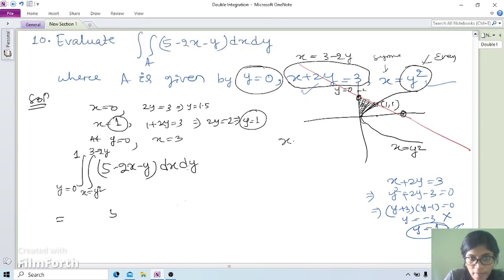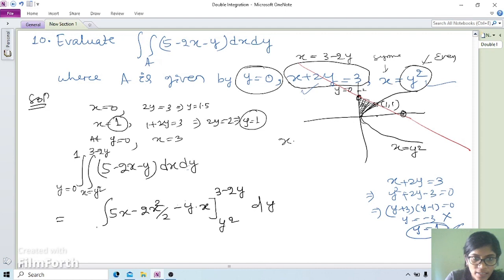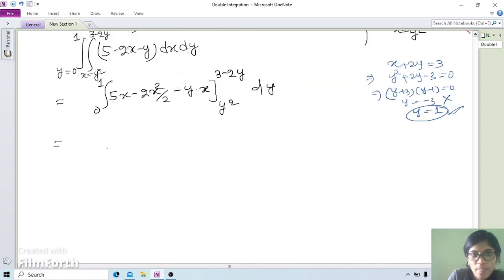Okay. 5x minus 2 into x square by 2 minus y constant into integration of dx equal to x, with limits y square to 3 minus 2y, into dy, integration 0 to 1. Which equals 5 into 3 minus 2y minus the lower limit y square.